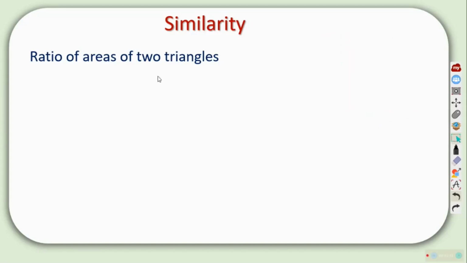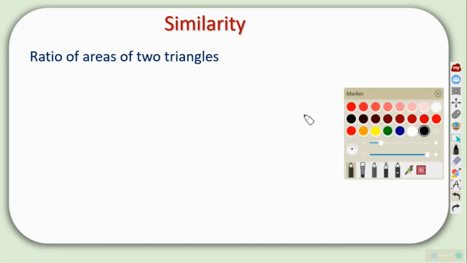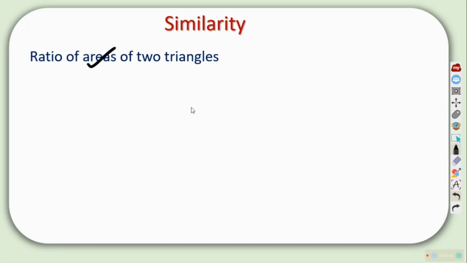Now, the first important thing to be understood is ratio of areas of two triangles. Thinking about ratio of area of two triangles. So for that you need two triangles, right? We'll think about two triangles now.